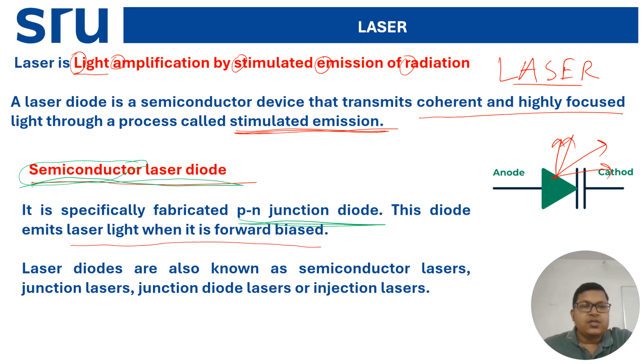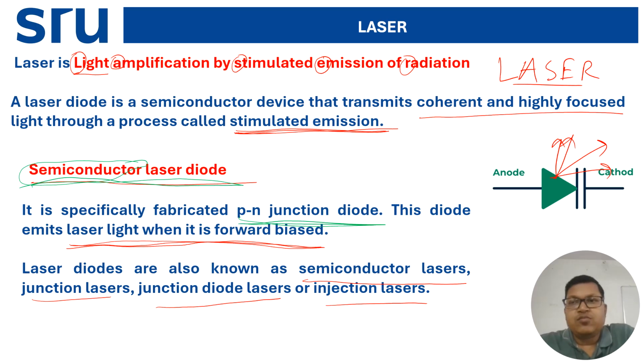Laser light does not vary from an LED except that the light emission is coherent and focused. Laser diodes are known as semiconductor lasers, junction lasers, junction diode lasers, or injection lasers, because carrier injection also happens here. Any of these names is fine.